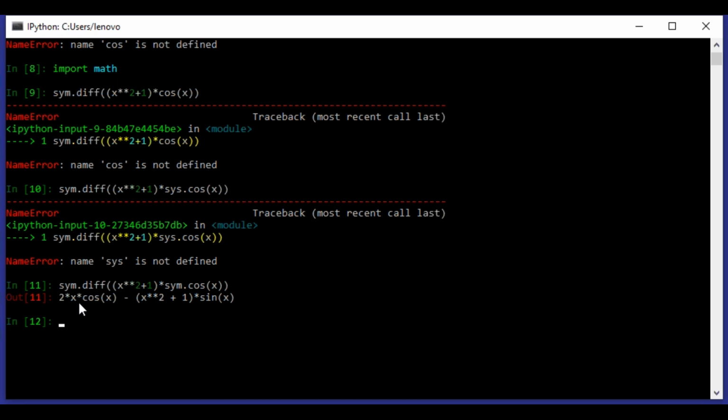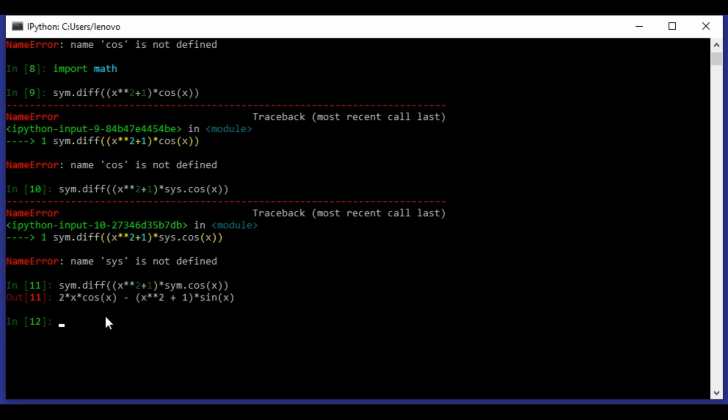That is derivative of the first function into second function plus first function into derivative of the second function. That is the formula we are using. Anyway, we have got the answer.